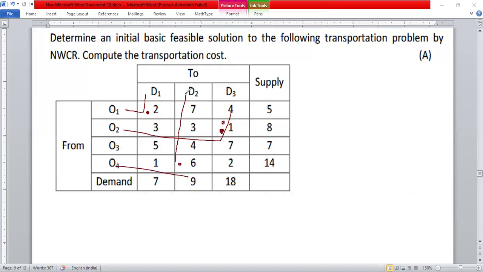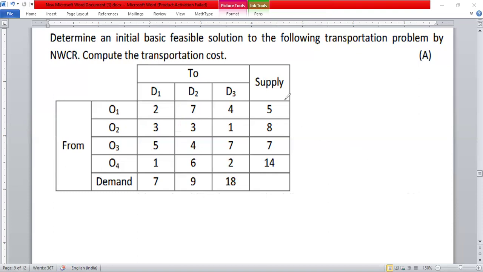So you're able to identify the cell numbers. In the northwest corner rule, we always start at step number 1, cell number 1,1. Very important. What about this cell? That is 2,2. What about this cell? 3,2. So this is the way to identify. That is method number 1.